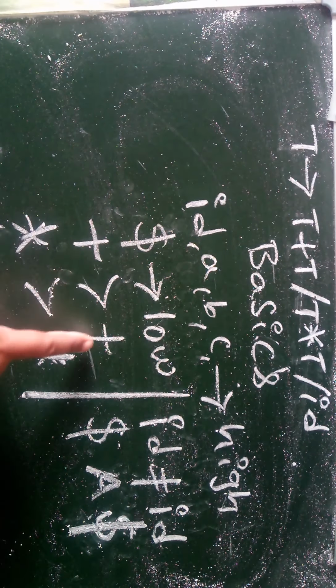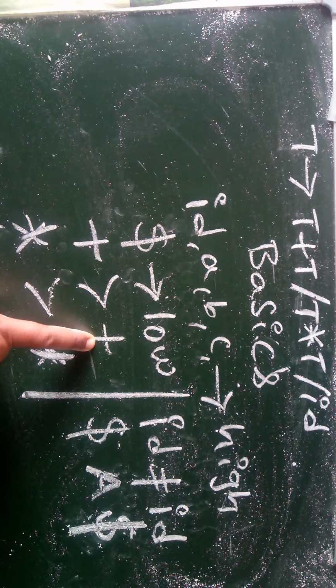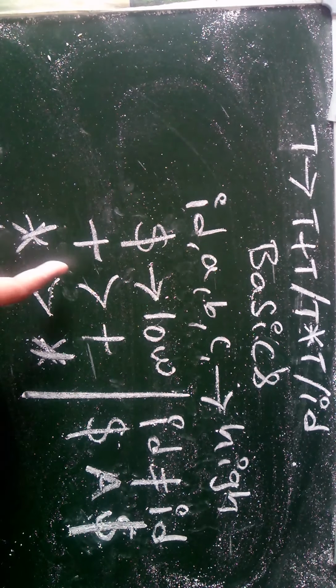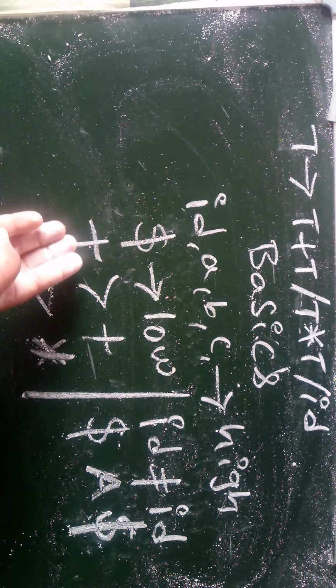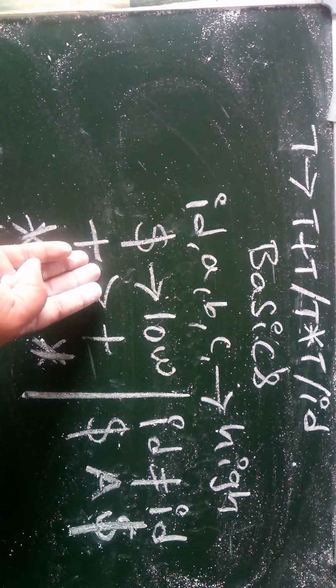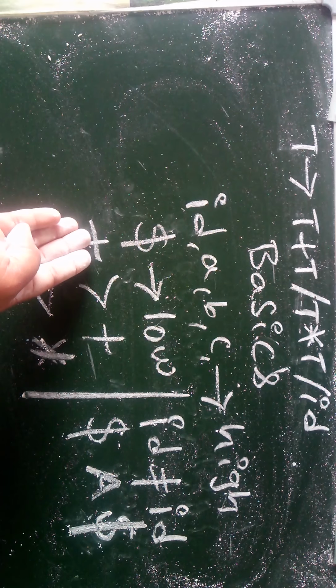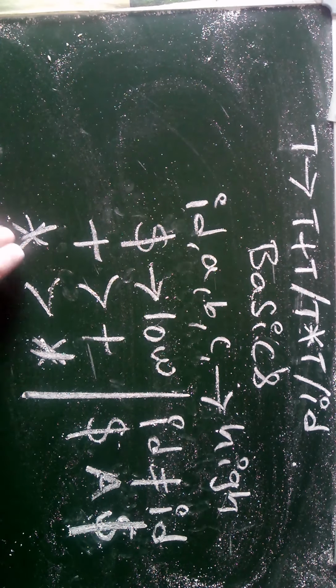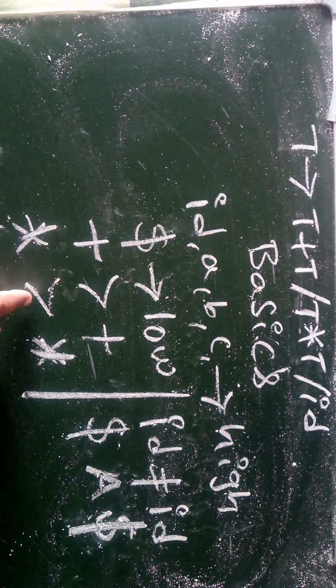If there are two signs, then we have to put greater than, giving the left side high priority. That means we write it like this. We give priority to this plus, and again for these two into signs, the left hand side gets first priority. That's why I have written it like this.